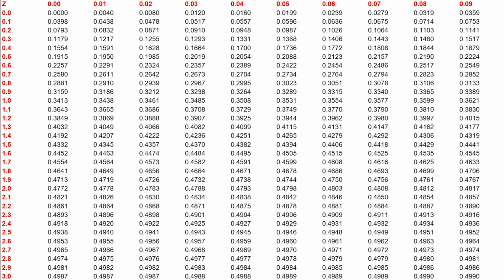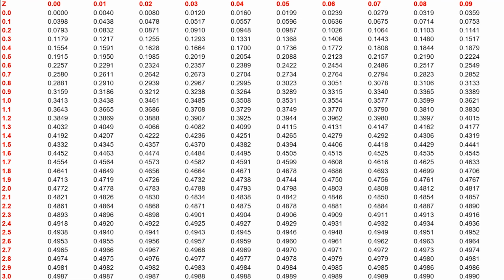The value that you have to see in the table is 37.50%, which is close to 37.50. Here you see 37.49 is 1.15. Okay, 37.49 is close to 37.50.